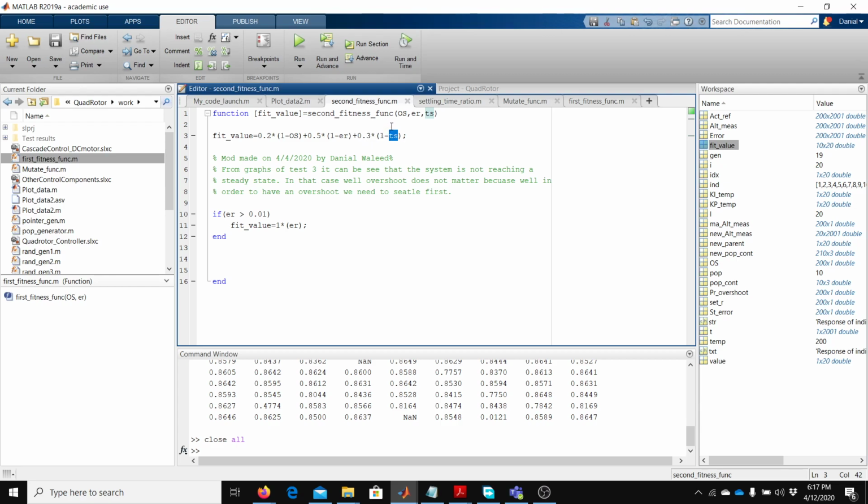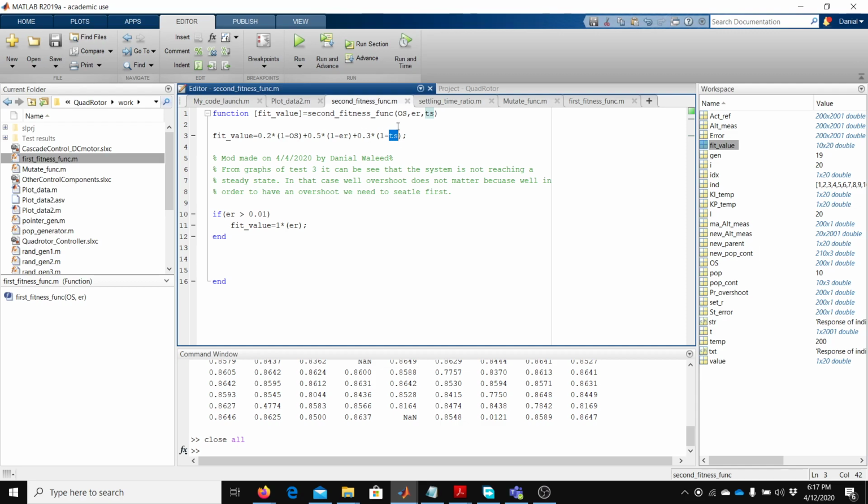Settling time is usually measured in seconds, and we are now trying to introduce a settling time ratio, which is how long it took for the system to settle down or reach that 2% or 5% error. I think in this case it's 2% by default. So we measure how long it took to settle to within 2% of our value.